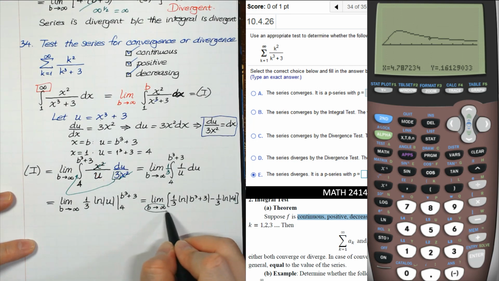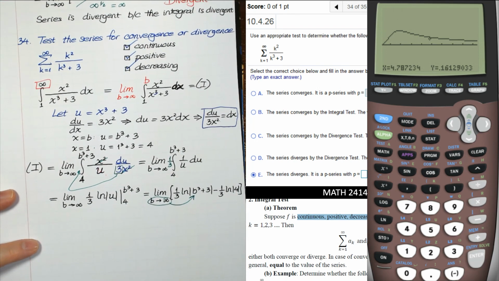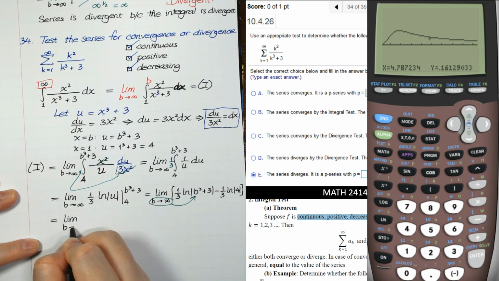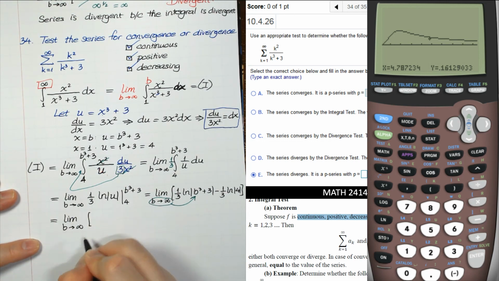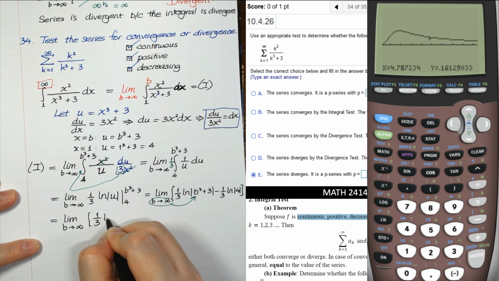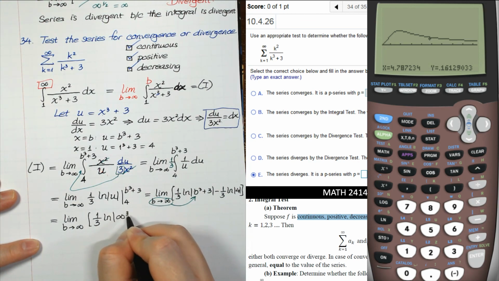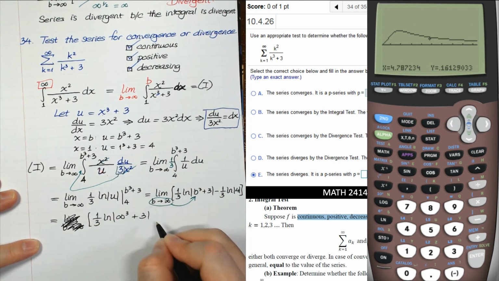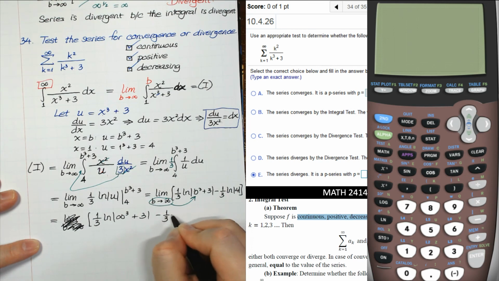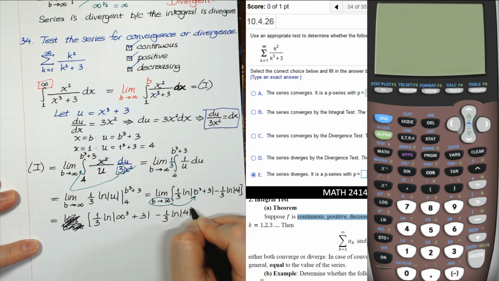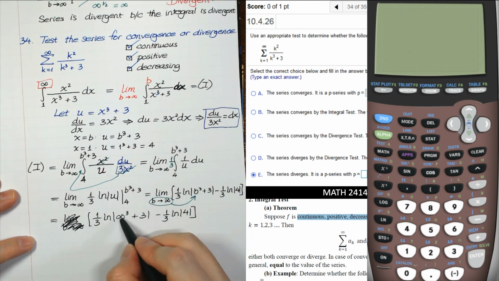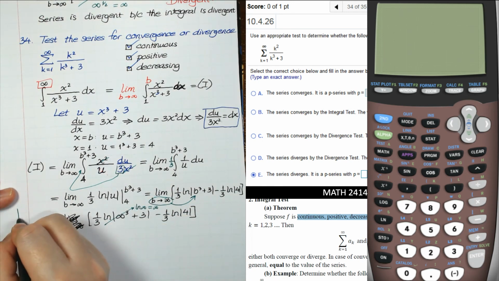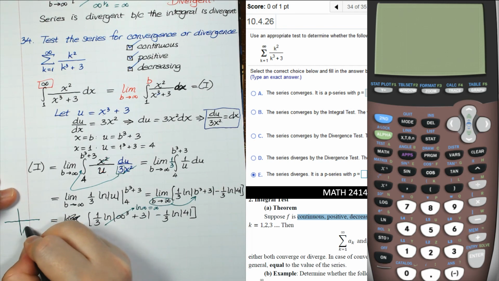Right, if we put infinity in for b, then we don't need the limit anymore. ln of infinity is infinity, because the ln function goes like this.